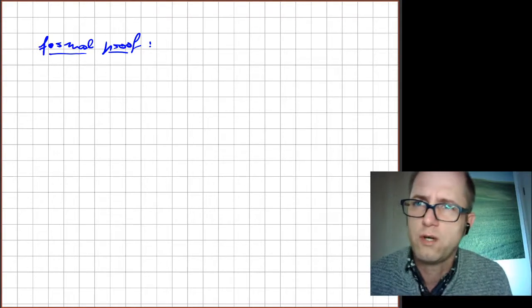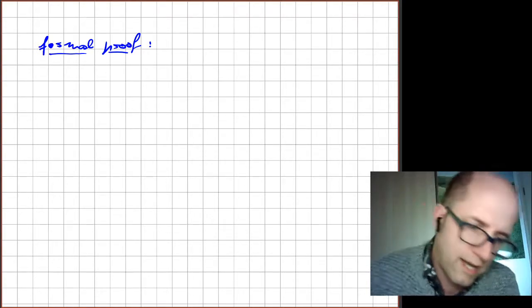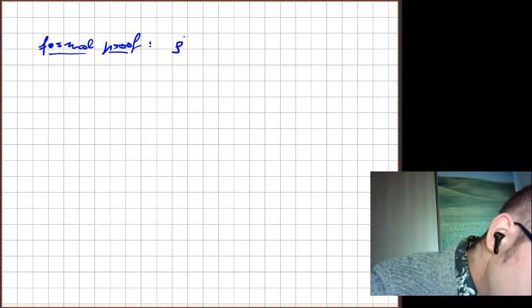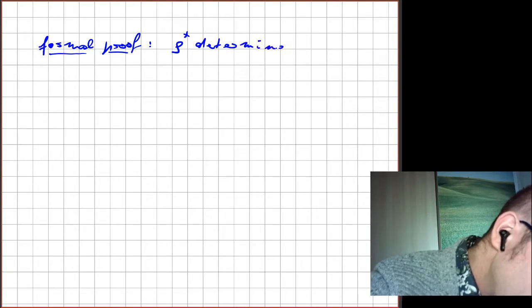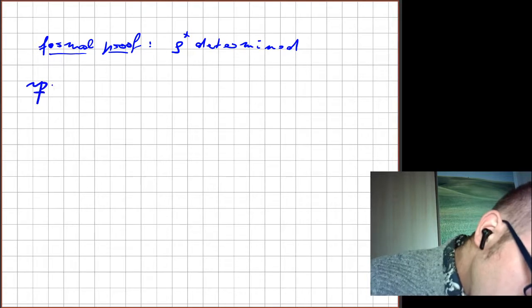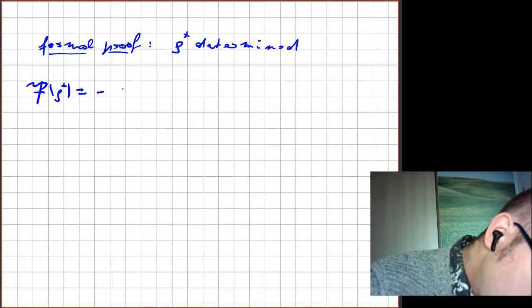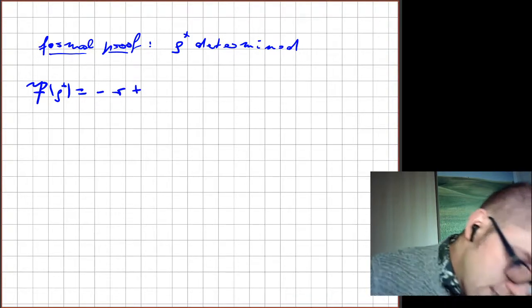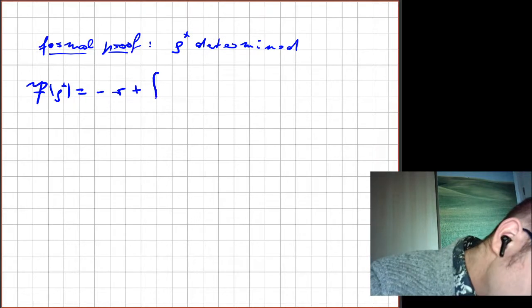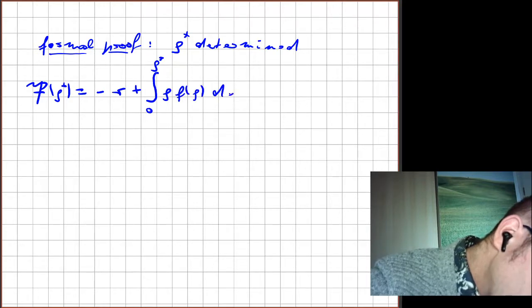Well, we want to know how rho star reacts. So rho star is determined by the equation: pledgeable income of rho star is equal to minus R plus the integral from 0 to rho star, rho, f of rho, d rho.